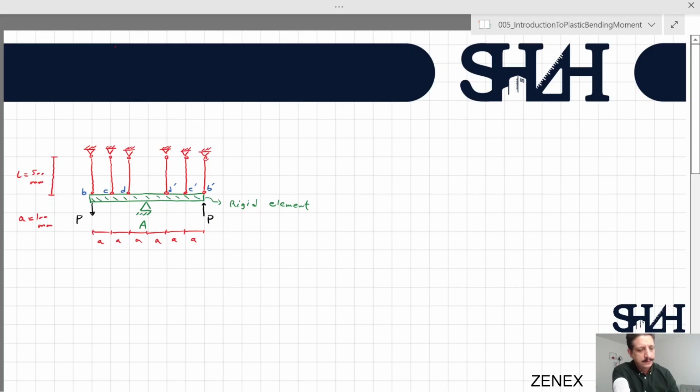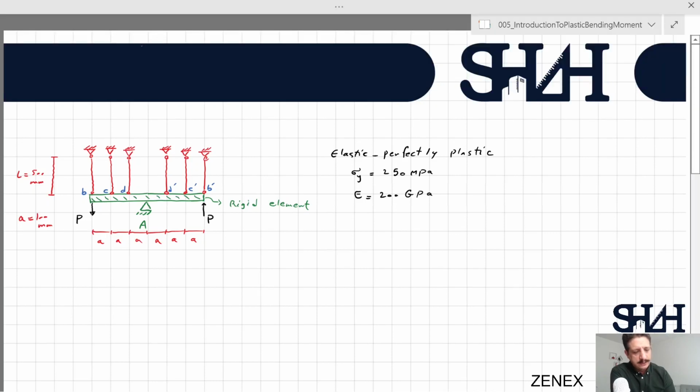So some other assumptions. The material is elastic, perfectly plastic, with sigma y equals 250 megapascal, and modulus of elasticity of 200 gigapascal.